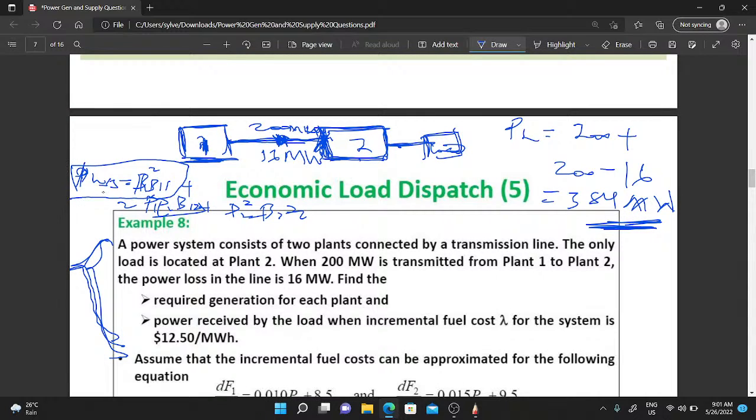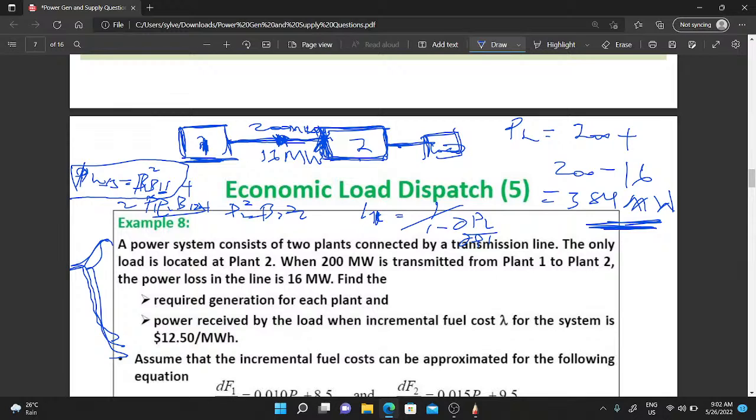And if this is my P loss, I know that my L1 is 1 over 1 minus dP loss/dP1. I have to find dP loss/dP1 and simplify. Same for L2. Then I'll use this equation to find my B11.